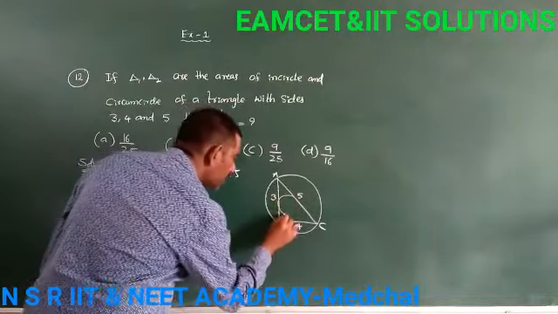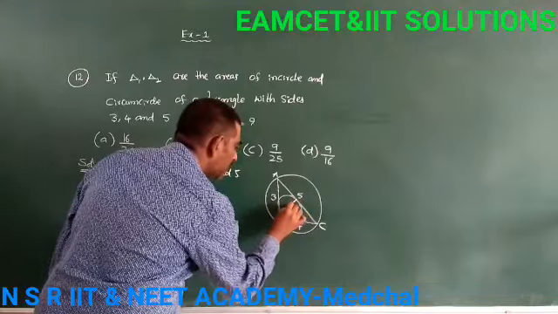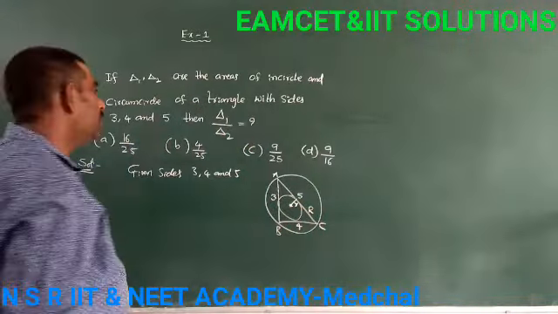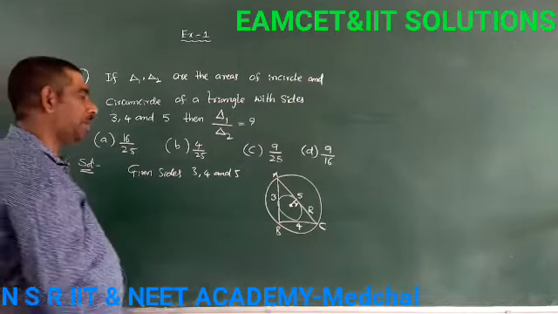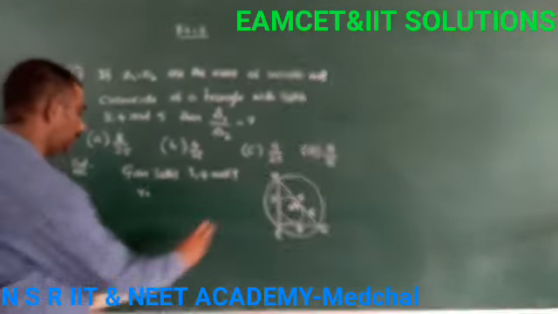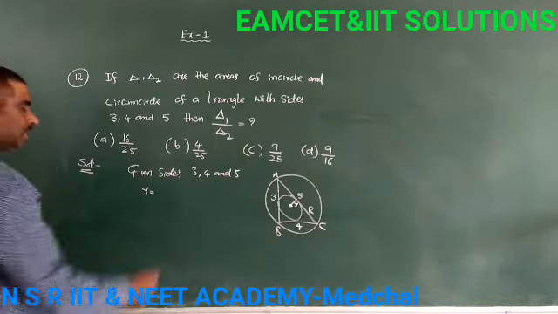So this is the incircle. Let us consider the radius of the incircle is small r and the radius of the circumcircle is capital R. We have to find the area of the circles. So the area of a circle is pi r square. So first we need to find the radius. If you know the radius, we can easily find the area of the circle.